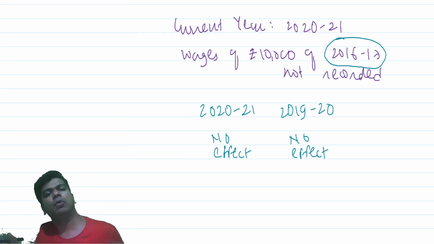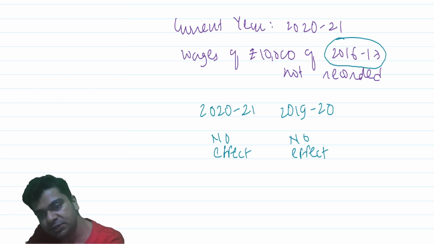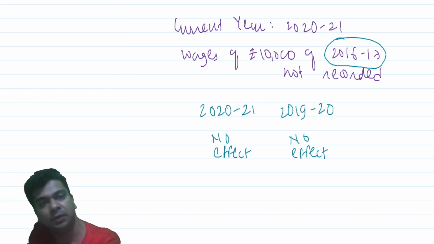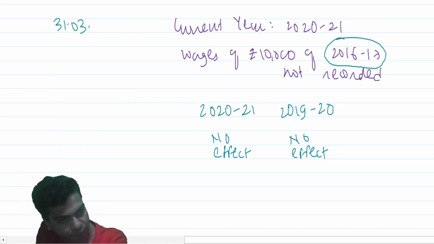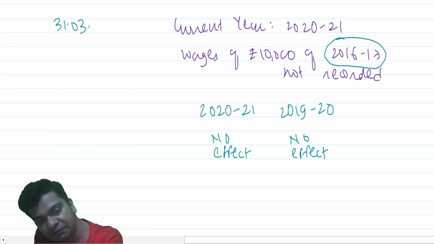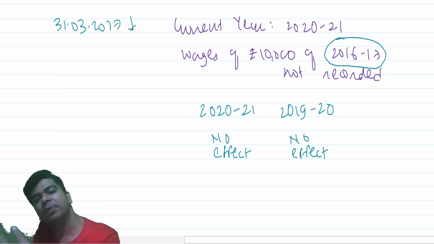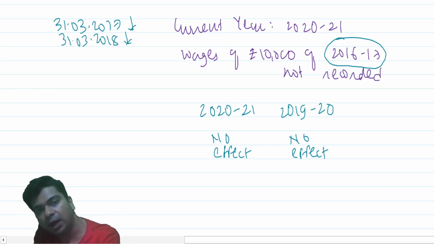Just think for a moment. If you open the P&L of 2016-17 and debit it by 10,000 rupees of expense, what will happen? The profit for the year ended 31st March 2017 will go down. This closing balance will then become the opening balance for the next year. The balance on 31st March 2018 will also go down, isn't it?